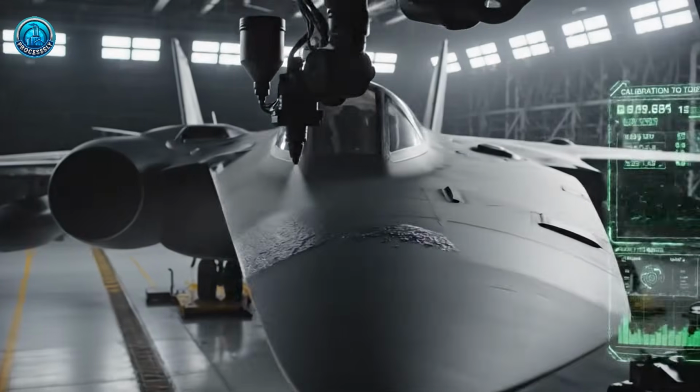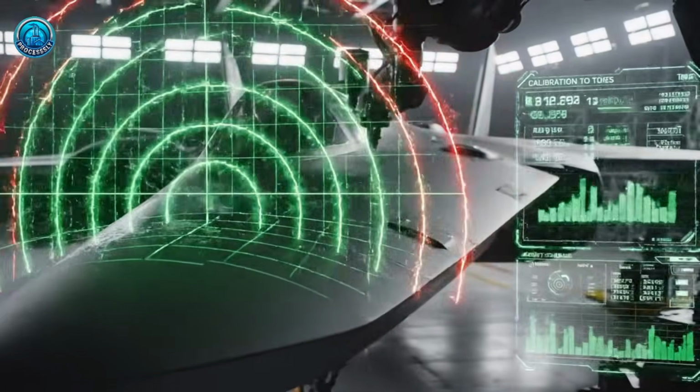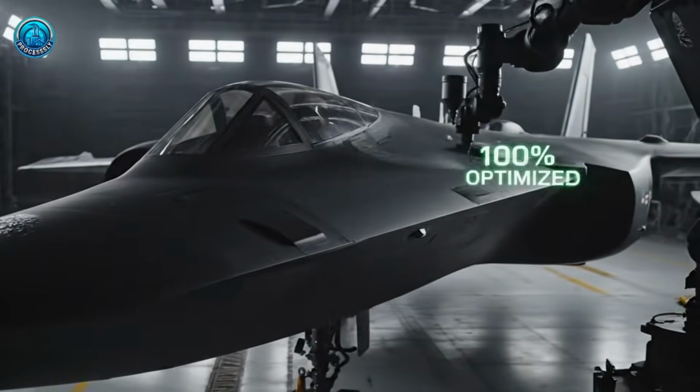Layer by layer, the aircraft's surface absorbs radar energy, reducing detectability.